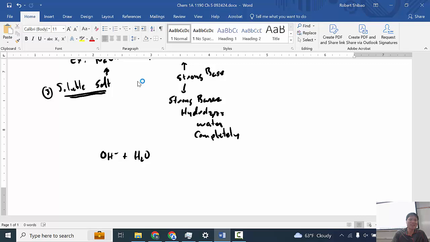So in this case, hydroxide is our base and water is our acid. In the Bronsted acid-base reaction, the acid donates a proton to the base. And so hydroxide accepts a proton to form water, and water donates a proton to end up as hydroxide. So when you look at this hydrolysis reaction, was there any change? No. There's no change.